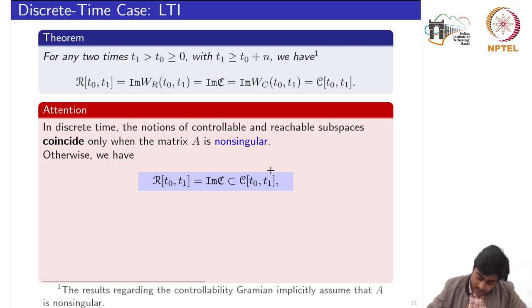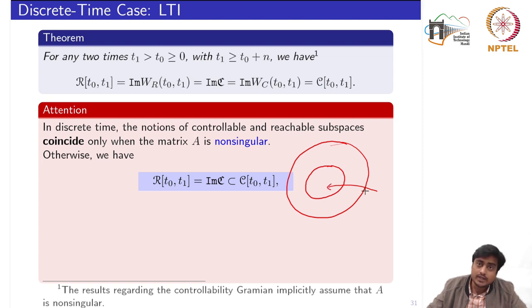Try to visualize what is happening here. If the matrix A is non-singular, it is clear that we will have equivalence on both sides. But now say we have this bigger space and a subspace of it.